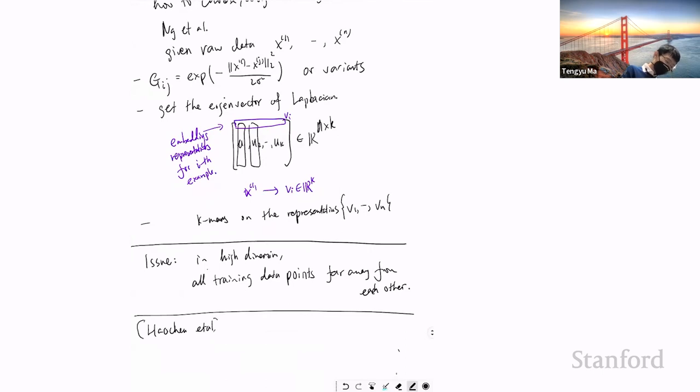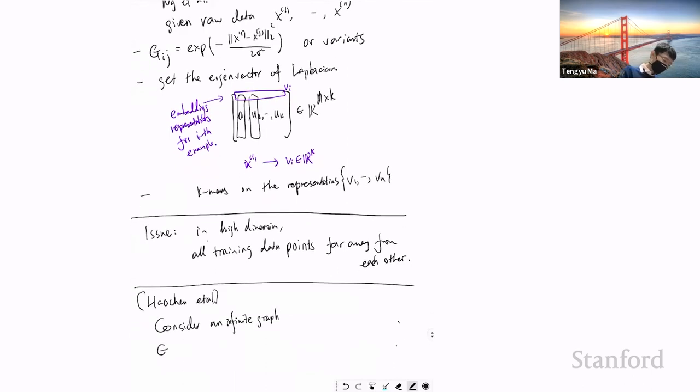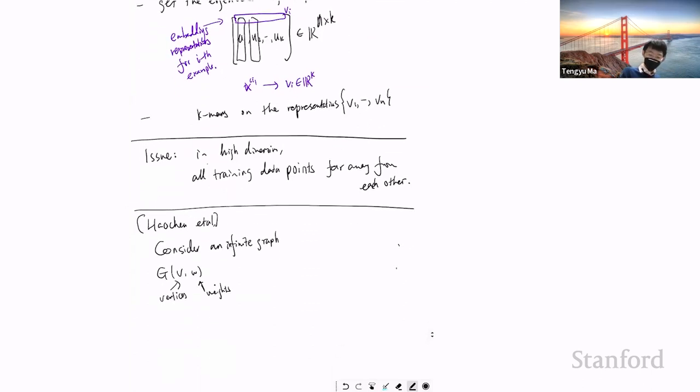What we are trying to do is consider an infinite graph G = (V, W), so this is the vertices, this is the weights on the edges, and we take V to be all the possible inputs.